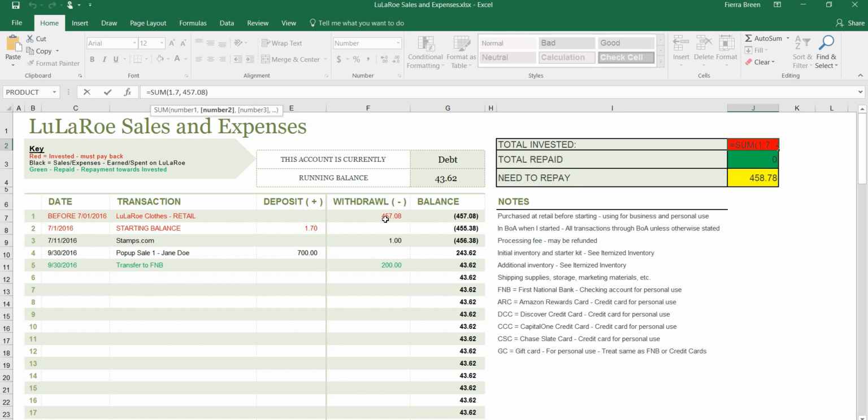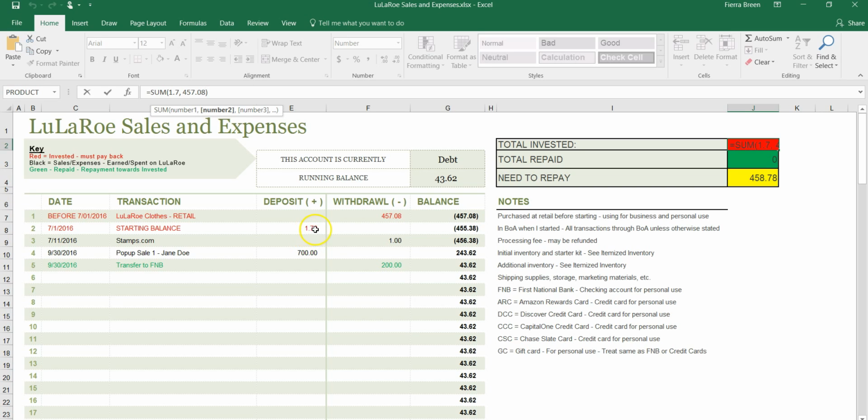But since part of selling LuLaRoe is wearing the clothes on a daily basis, I'm counting it as a business expense. So I put that in red, which means I would be paying myself back for it. And then the starting balance of my Bank of America account was $1.70. I know it's low, but I never used that account for anything up until now. It was just an extra account that doesn't have any fees, so I figured I'd keep it just in case, which I'm glad I did.